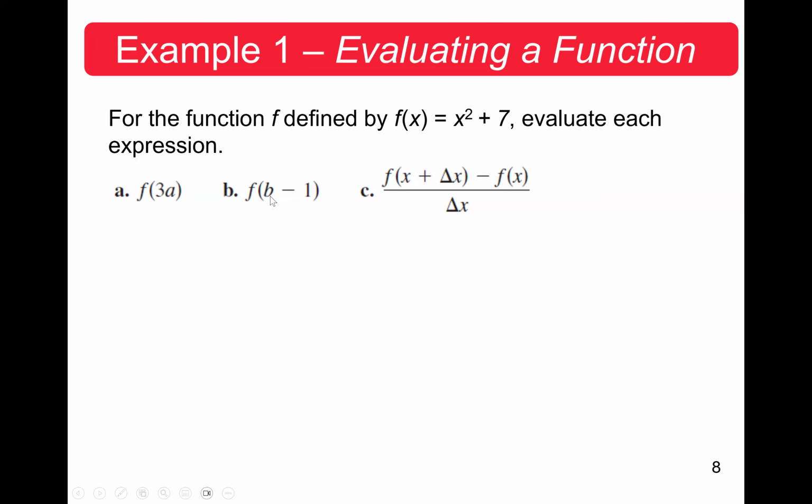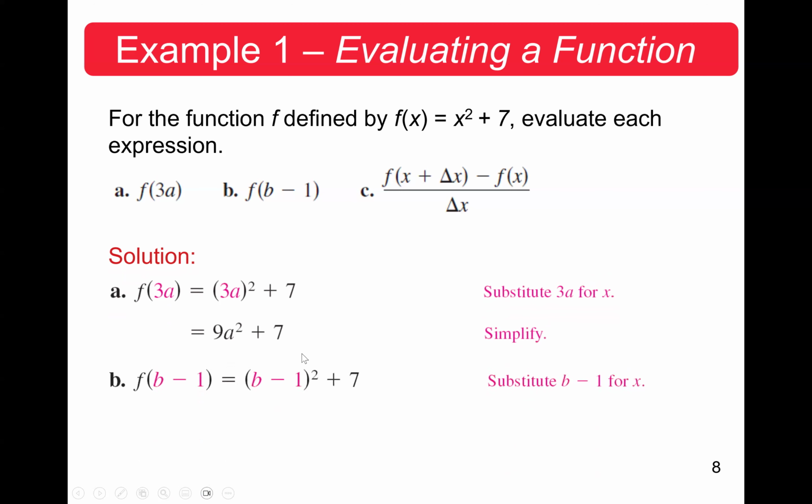Same thing, we have b, f at b minus 1. Anywhere we see x, we substitute. So let's see the first one. To find f at 3a, we have x squared plus 7, and x is 3a. So we get (3a) squared plus 7. When we solve this, we get 9a squared plus 7.